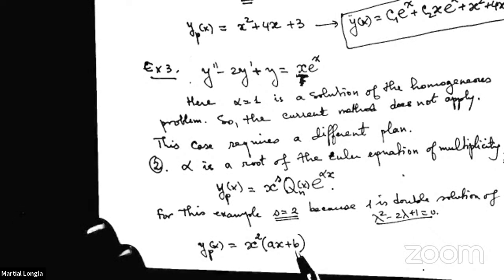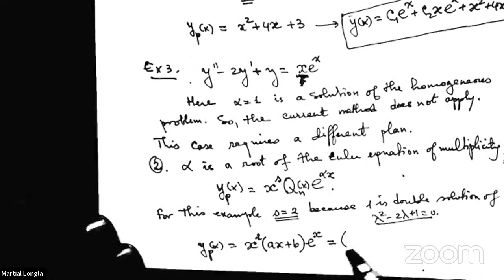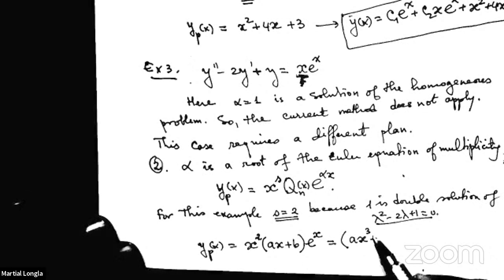That's why we got ax plus b, x squared because s is 2, and then e to the alpha x with alpha 1, so that's e to the x. And so that is ax cubed plus bx squared.